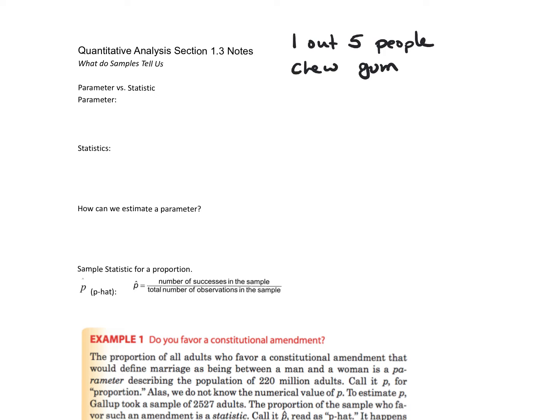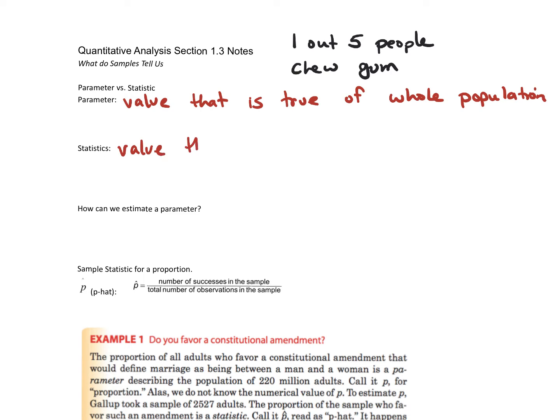statistic or a parameter. Now, a parameter is a value that is true of the whole population. So everybody that you're talking about, if the value is for the whole population, we call it a parameter. A statistic is a value that is true of a sample.